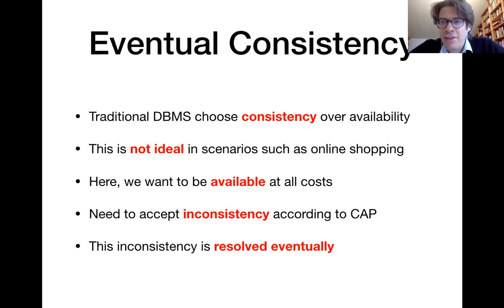So this class of system is motivated by application scenarios such as online shopping, because here you absolutely want to make sure that you can serve your customers as much as possible, because if you don't, then you lose money. So in those scenarios, perhaps being always available for customers can be even more important than having your data consistent at all times.